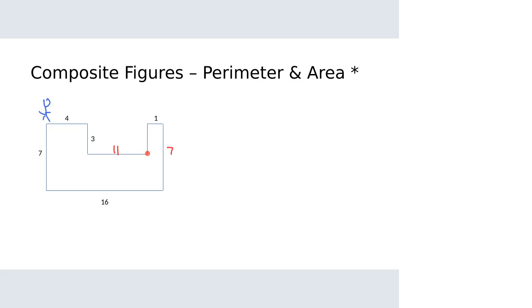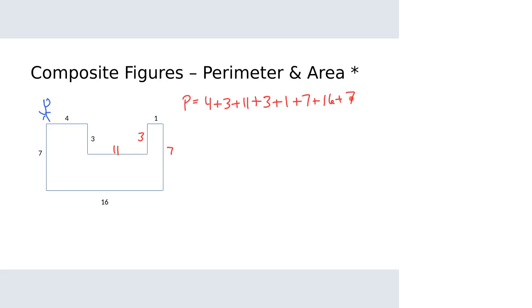There's this side length right here that we didn't find. Luckily, I've got a 3 right here, so that's also going to be a 3. Once we put that 3 in there, now we have all of our side lengths. We can go in and find our perimeter. So now we'll find our perimeter for real. And that'll be 4 plus 3 plus 11 plus 3 plus 1 plus 7 plus 16 plus 7.